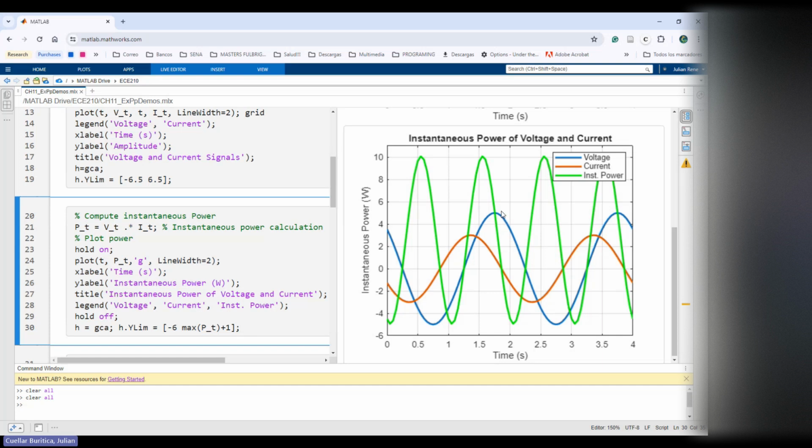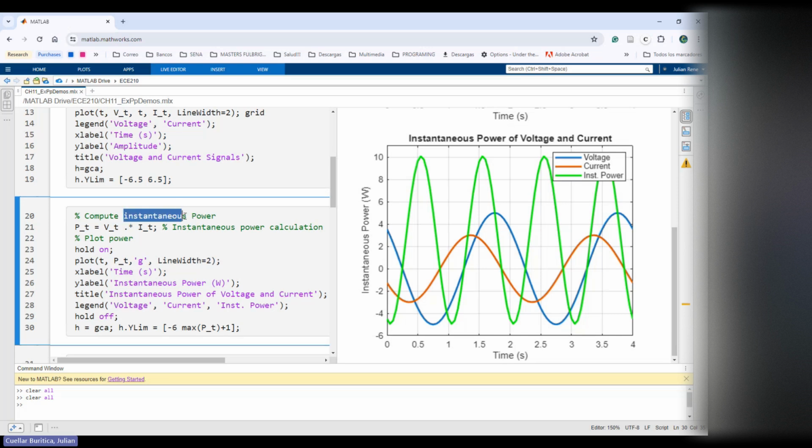If we check this point when the voltage is at the maximum value, we have 1 and 2 cycles of our power signal. Then what's the problem when we are working with this equation of power as an instantaneous function?